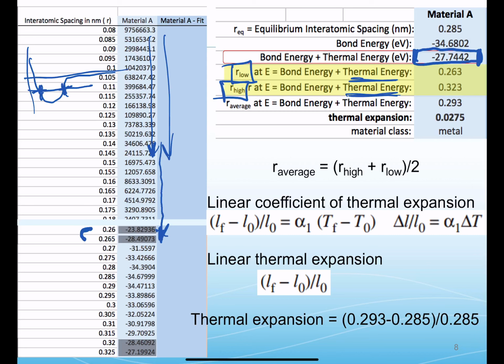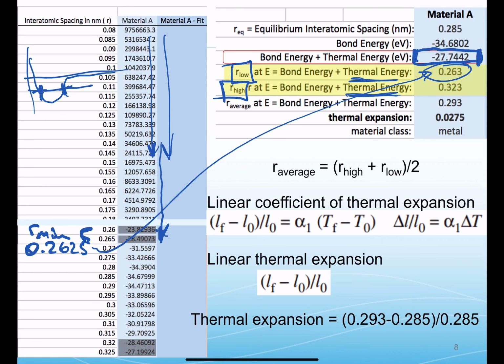So our R min is somewhere in between here, and we'll simply take the midpoint of that. So R min here is going to equal 0.2625, rounded to 3 decimal points.